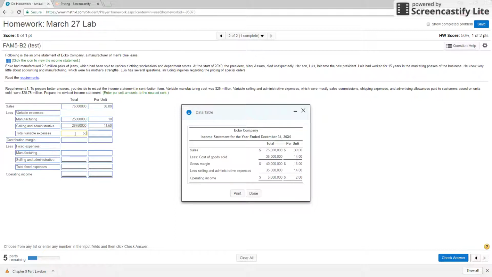So it will add up to 53 million and 750,000 dollars. We have the summation here as well, $20.50.